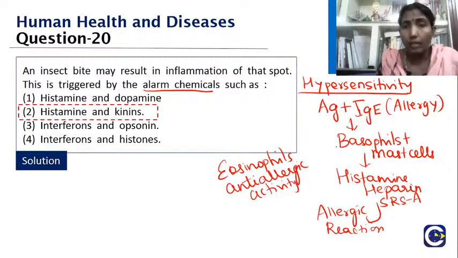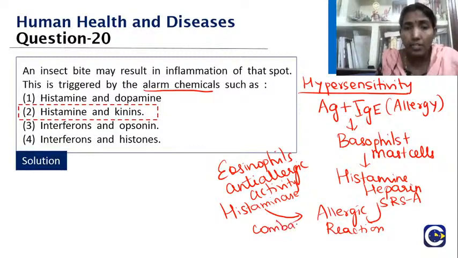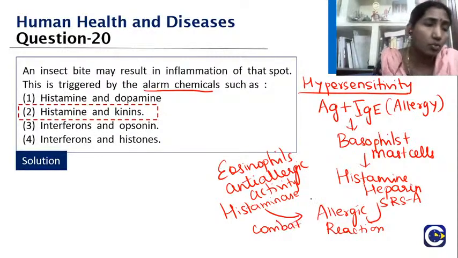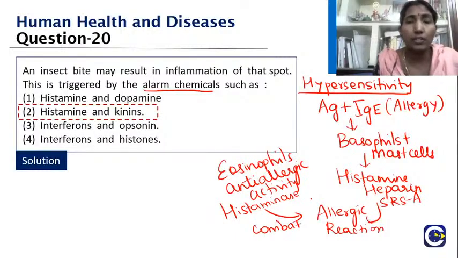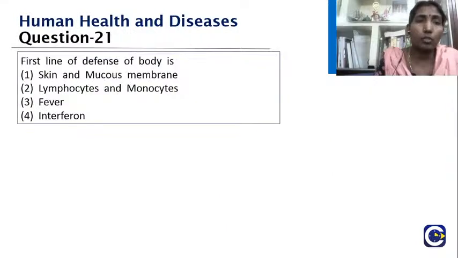It has anti-chemicals like histaminase, and it will try to come and combat the allergic reactions. So this is the story behind the allergic thing. Children, are you able to follow? Yes. So this is the thing that you need to understand.